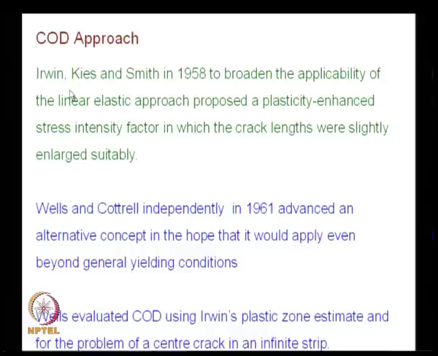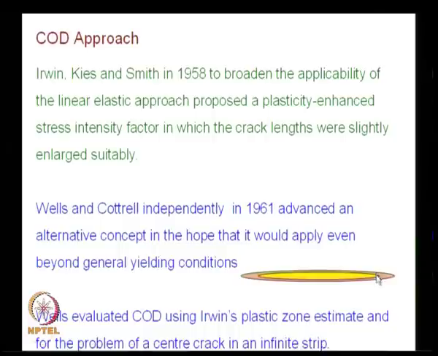And from the result of Irwin, Wells evaluated the crack opening displacement, and here it is used in a different context. We would have a pictorial representation now, we will also spend some time a little while later. From the point of view of Irwin, you imagine the crack is to be longer than the actual crack. The actual crack is only this much.